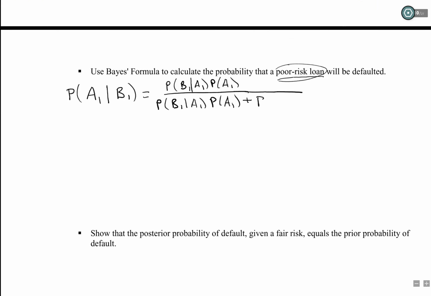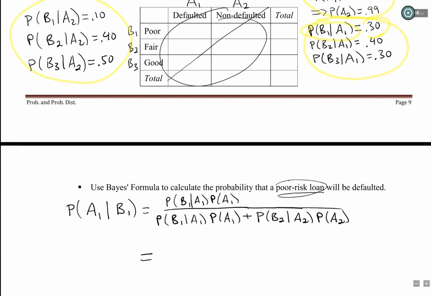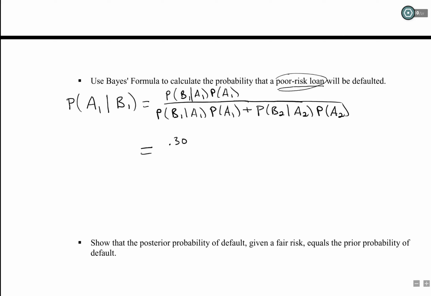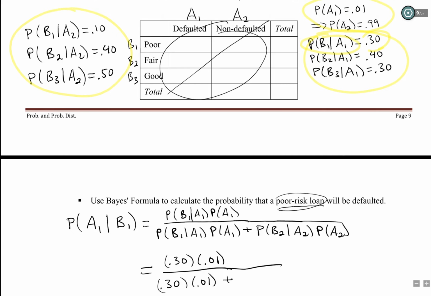So I'm going to have P of B1 given A2 times P of A2. We listed these probabilities out earlier.